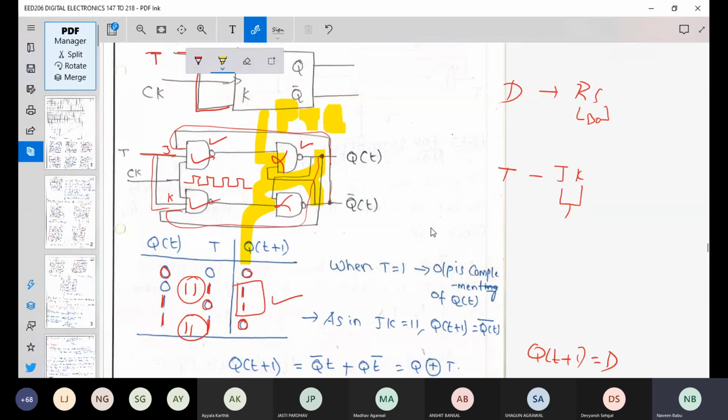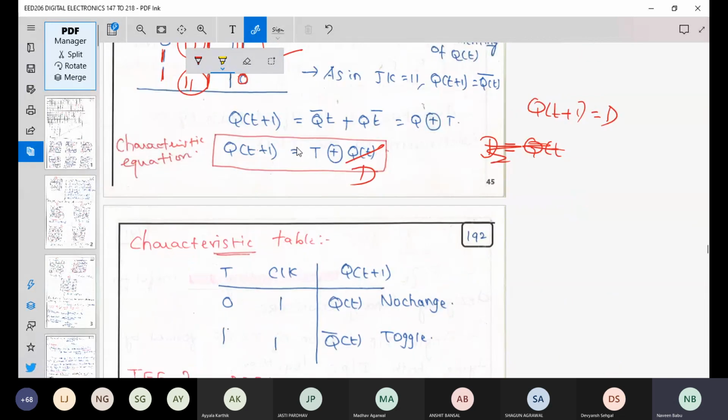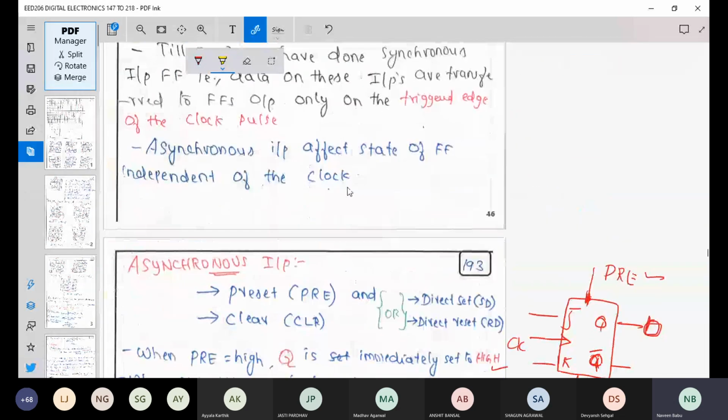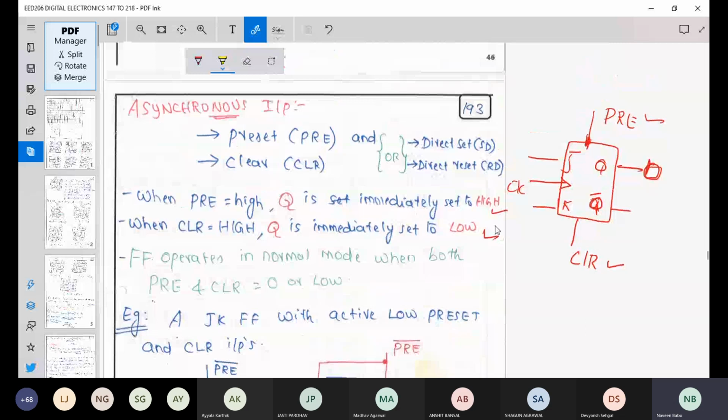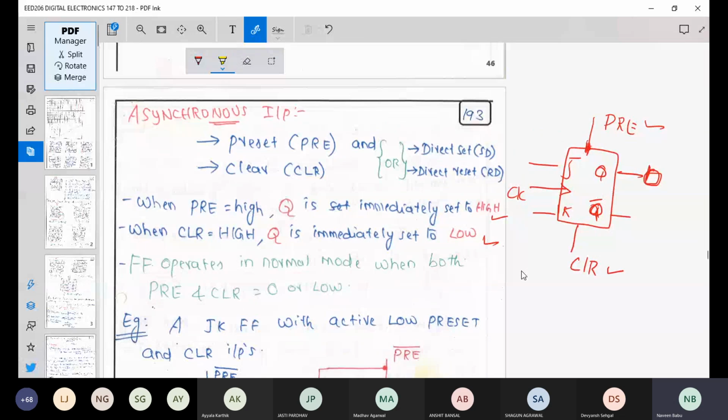Sorry about this highlight, lazy to change the pen. All right, so now how will your flip-flop work? They will operate normally till the time your preset is 0 and clear is 0. If you are not giving anything here, they will normally operate like a J-K flip-flop. But only if you want to reset, then you can use these inputs.